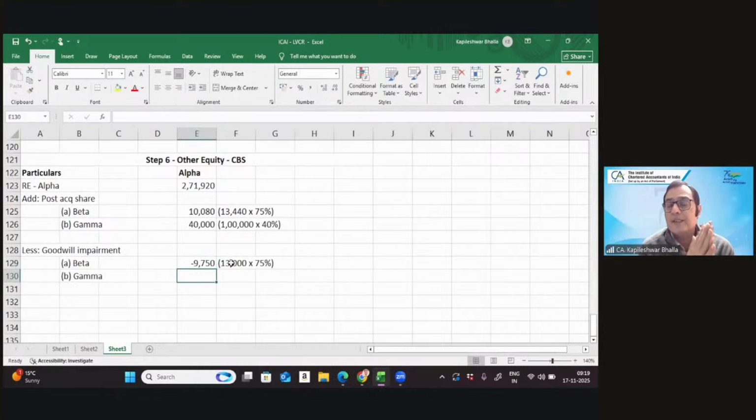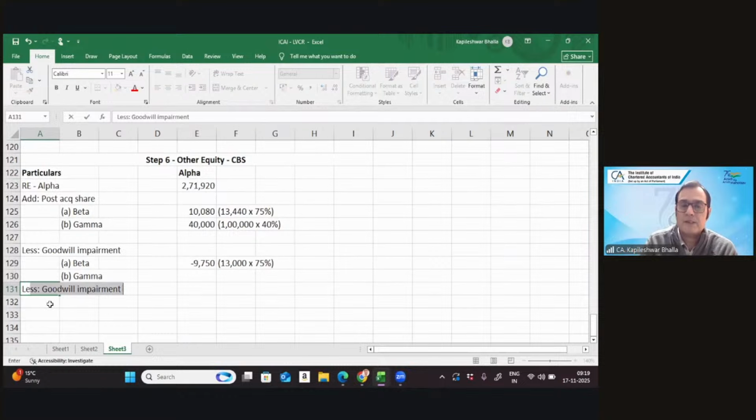I don't think there is anything else pending in this particular case. The goodwill impairment calculations are done. Yes, there was a stock reserve, I think, downstream. So we need to take care of the stock reserve also. So let's take this again separately for beta as well as for gamma.